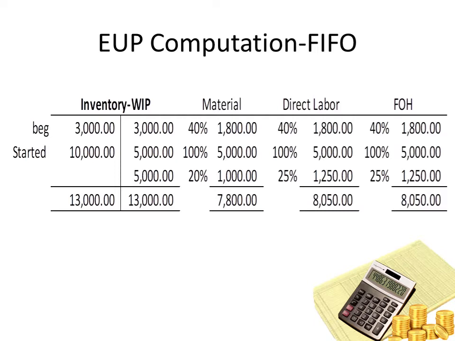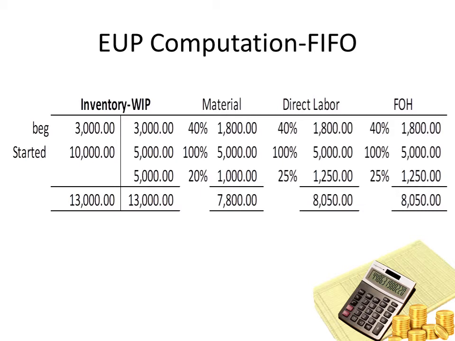So, from those started and transferred, only 5,000 were finished. Okay? So, you just do the squeeze for the started and transferred. You know now that the beginning inventory is finished and the started and transferred would compose of two things: the finished ones and the ones that would also compose your ending inventory.